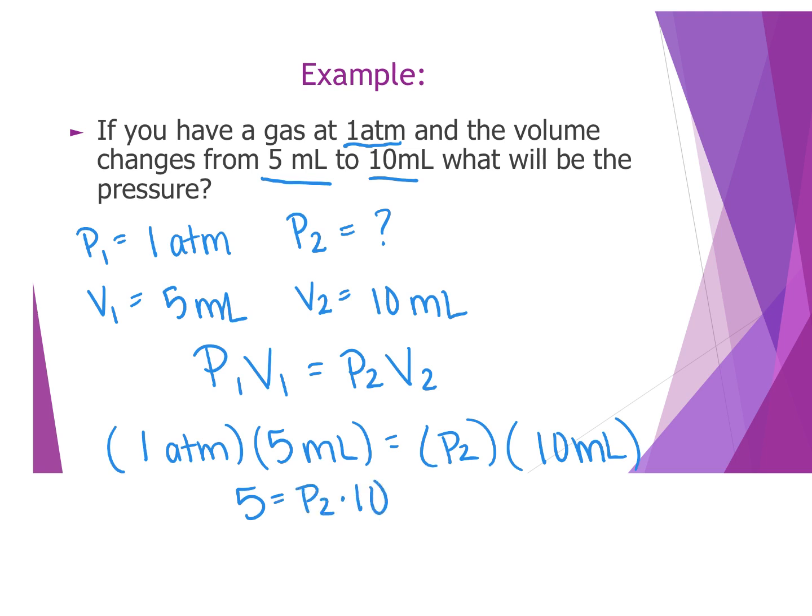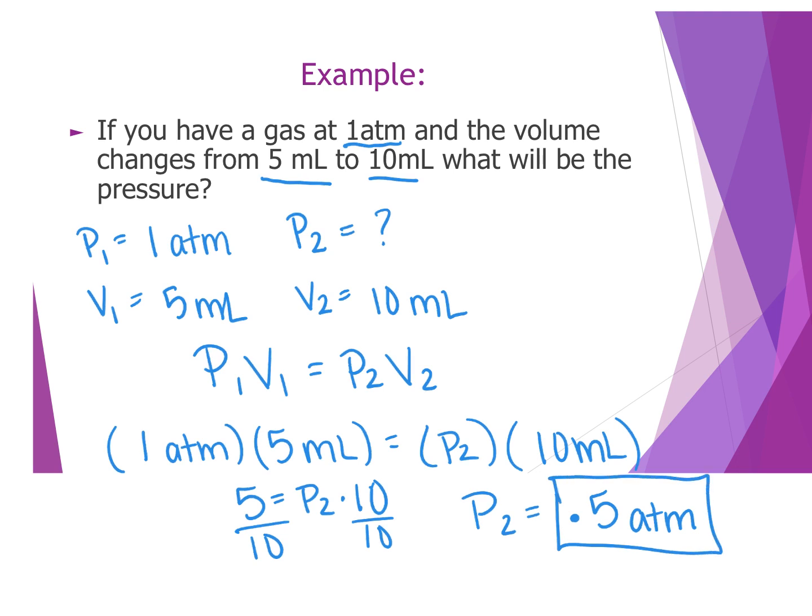What do I do to get P2 by itself? Divide both sides by 10. So what does P2 equal? What's 5 divided by 10? 1/2. Good, 1/2, 0.5. What's our unit for pressure? It's going to match your initial unit, so it'll be atmospheres.